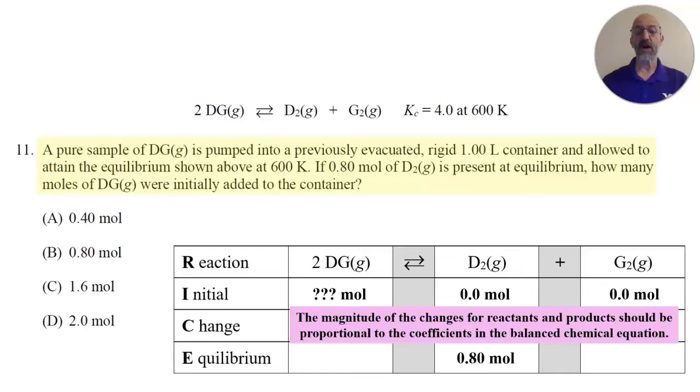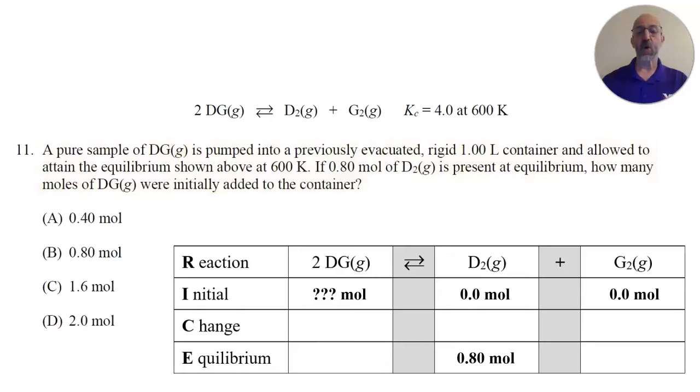the magnitude of the changes for reactants and products should be proportional to the coefficients in the balanced chemical equation. And from left to right, we have coefficients of 2, 1, and 1. So the magnitude of change should be in that same proportion, 2x, x, and x.